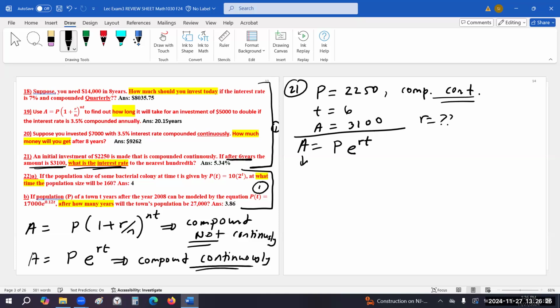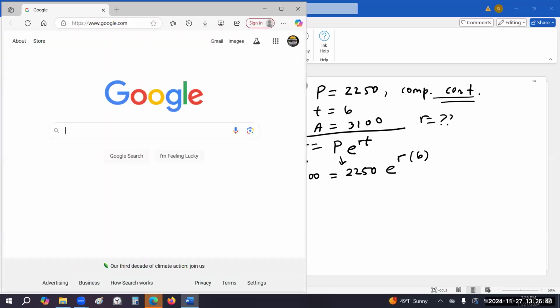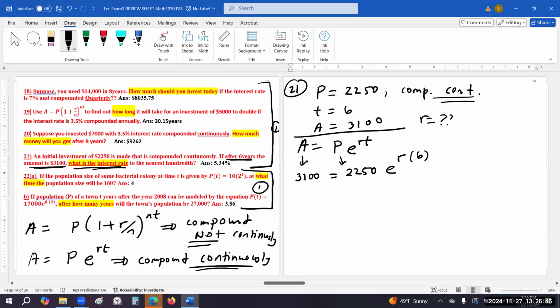Our final amount is 3100. Initial amount is 2250. e to the r, we have no idea, but our time is 6 years. Our goal is to get this r alone.